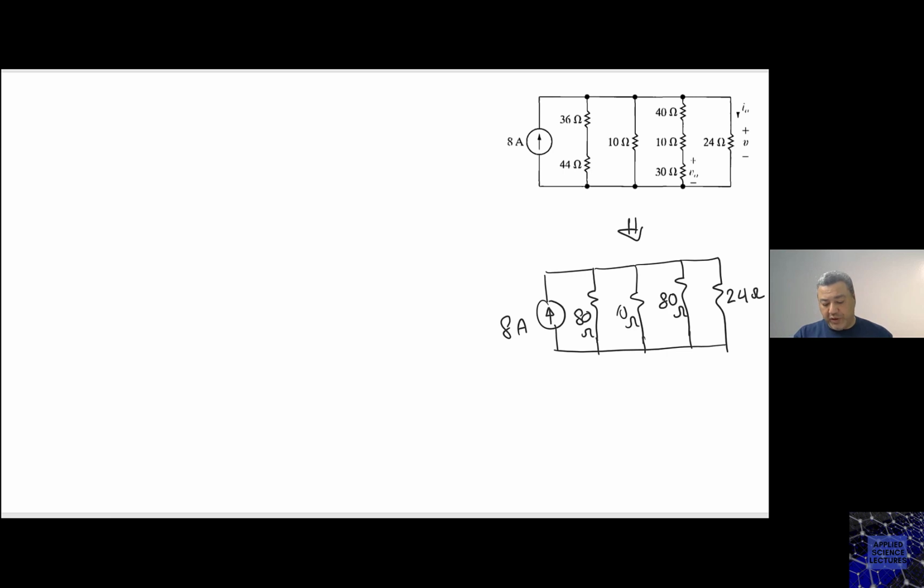What I'll be doing is, in order to calculate I naught using the current division, I will go to the conductances, which means I will use the inverses to find the conductance. Why? Because we've seen in the conductance it's way easier to use in the current division.